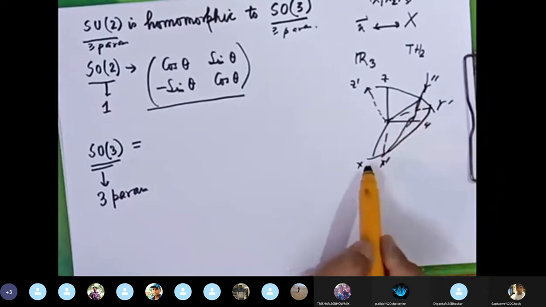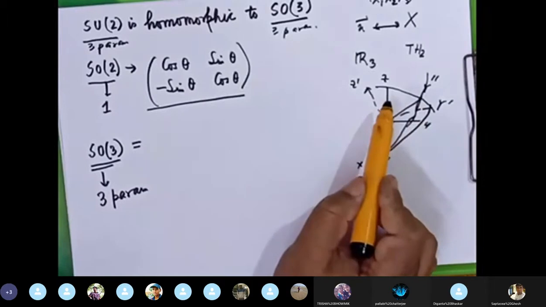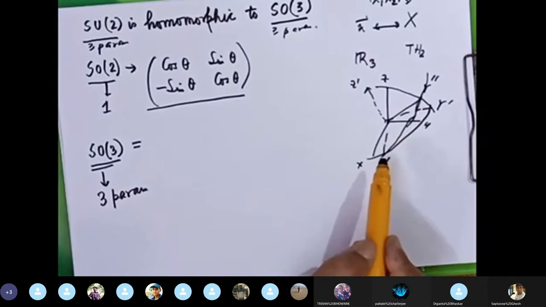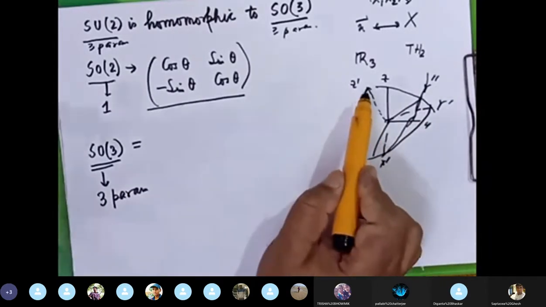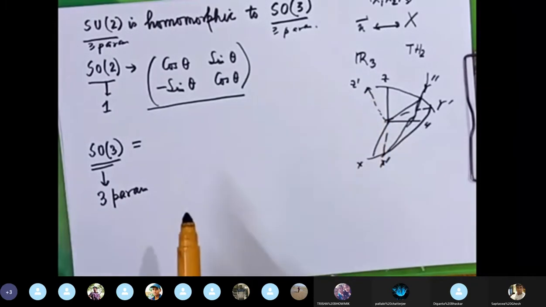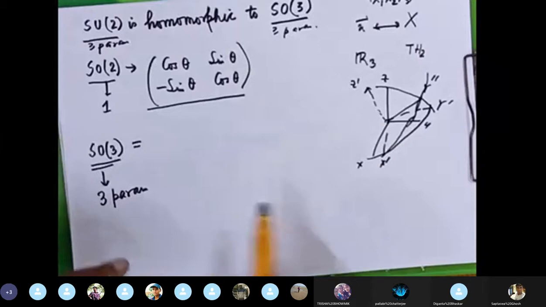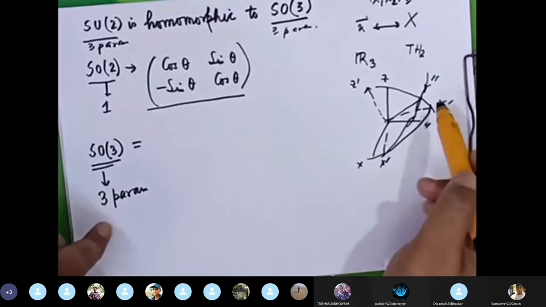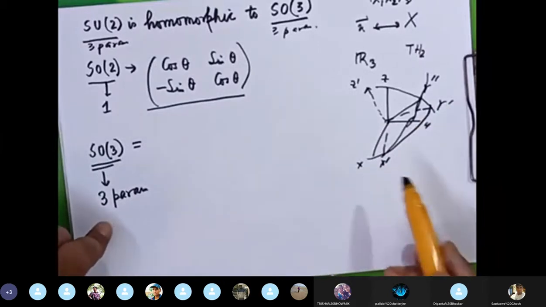So first is about z, second is about the changed x, third is about the changed z. This way Euler parameterized the angles, but you can do it in a different way, about x, then about y, then about the changed x, like that.